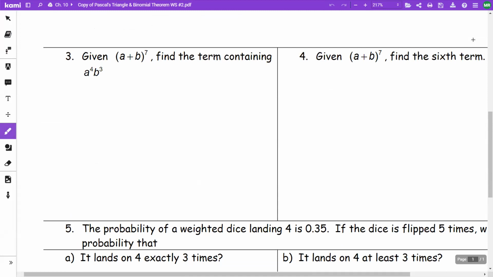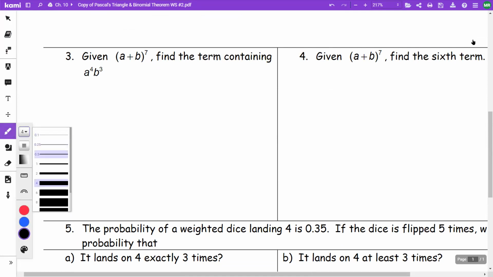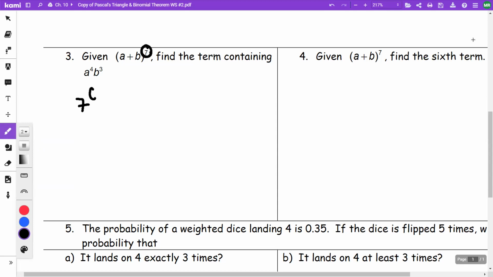So that is going to be where I have 7 because of the 7 here. Okay, so this is going to be 7 choose 4, because of that a to the fourth.